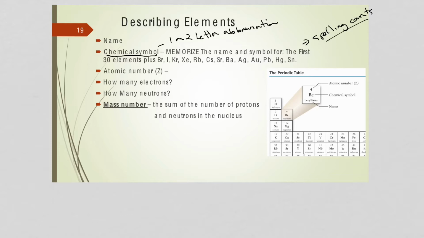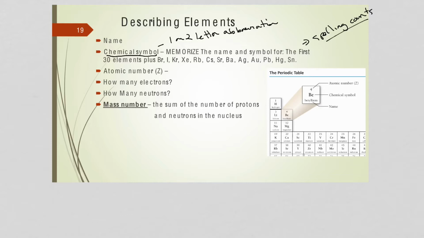And then some selected other ones. We have Br, bromine. We have iodine, Kr, which is krypton, Xe, which is xenon. So these are some of what we will call halogens, and these are a couple of noble gases. We have Rb, rubidium, Cs, cesium, Sr, strontium, and Ba, barium.